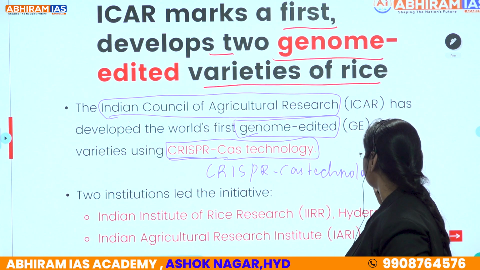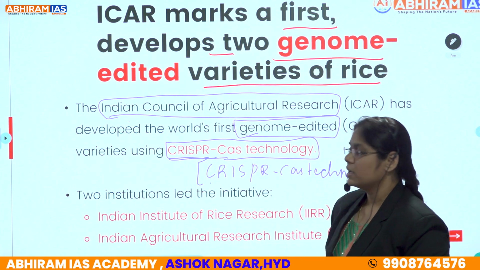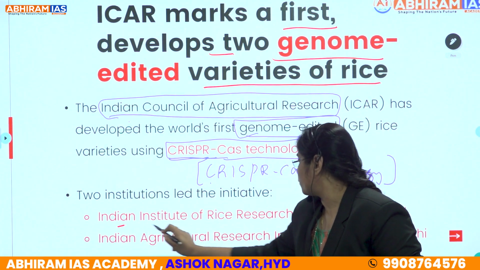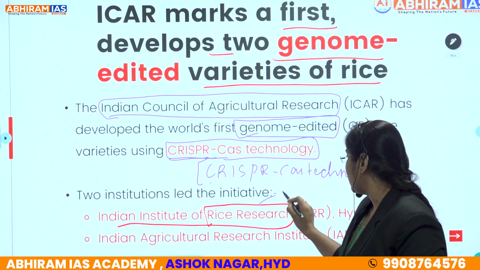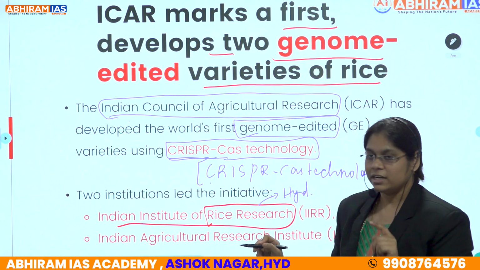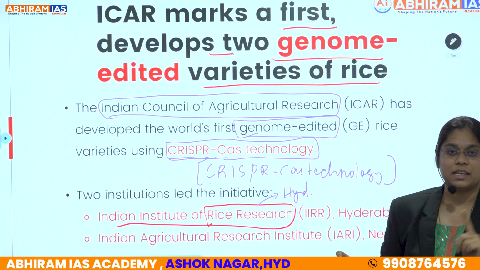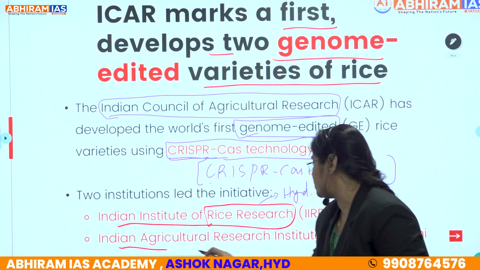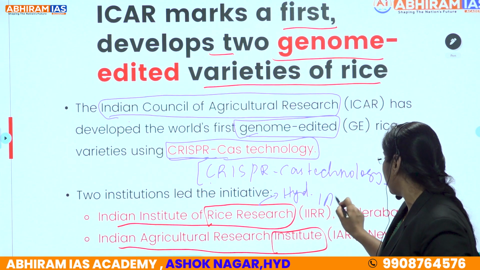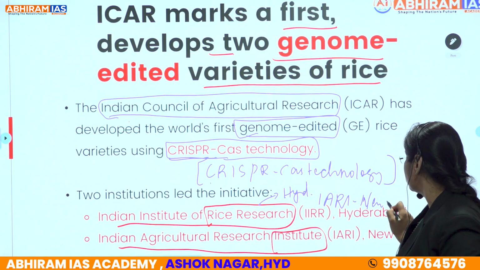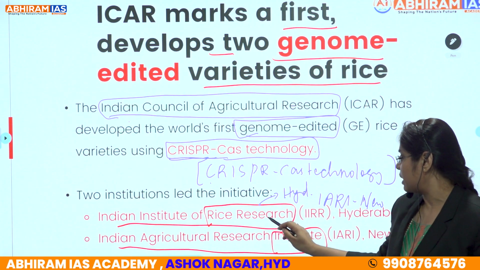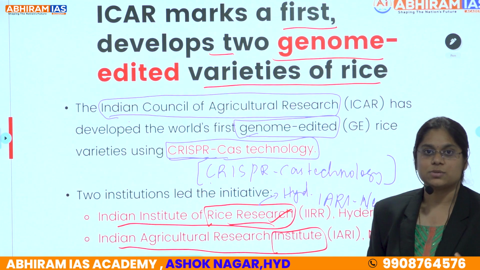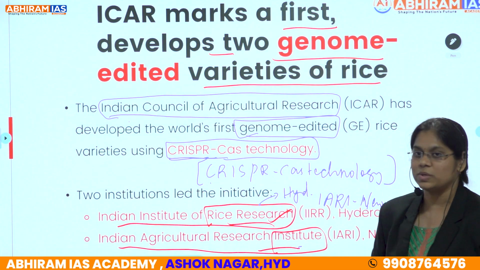Now let's see about this technology in detail in the further session. And the 2 institutions which supported these are the Indian Institute of Rice Research, which is in Hyderabad, that is IIRR, and further the Indian Agricultural Research Institute, that is IARI, which is in New Delhi.